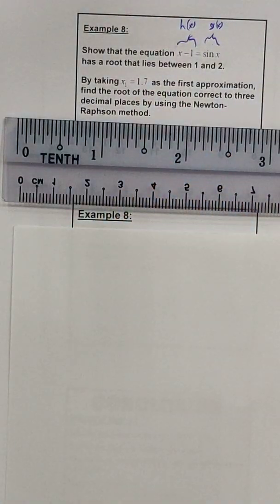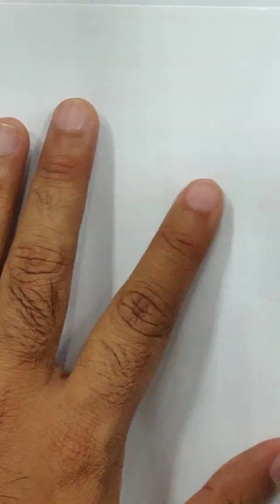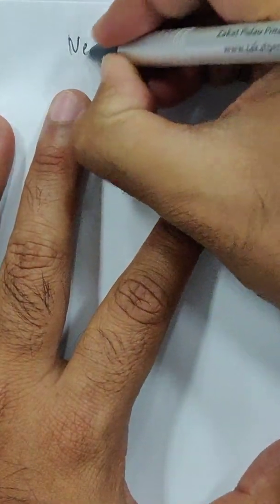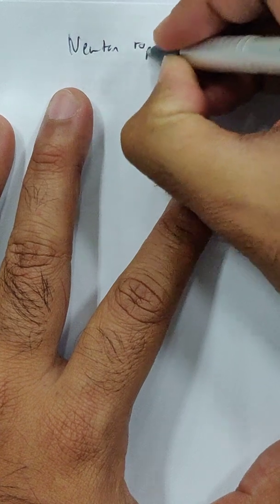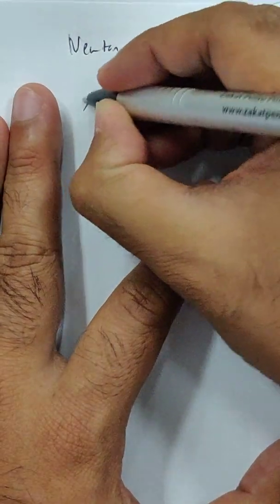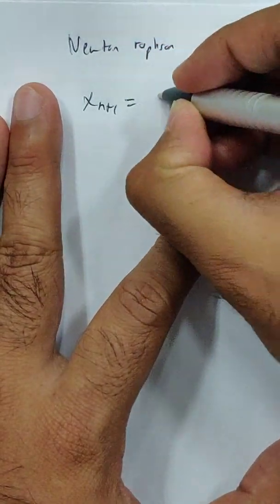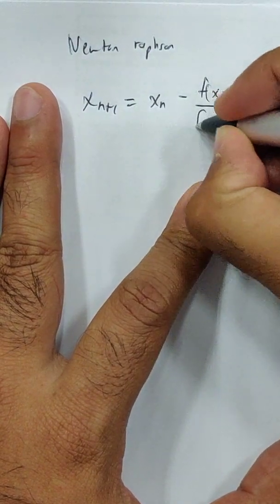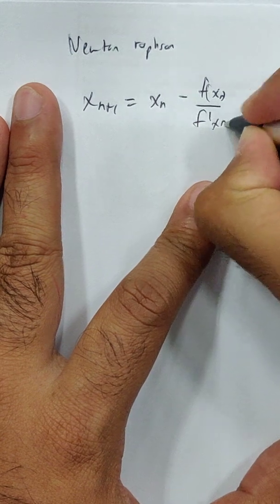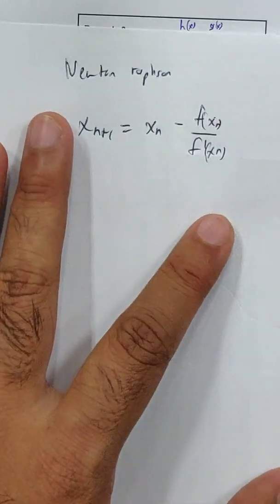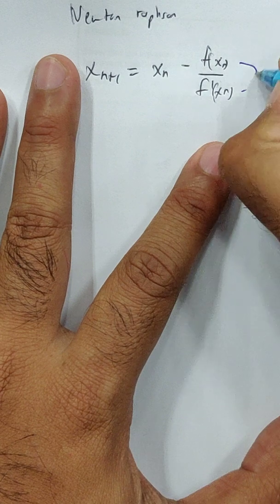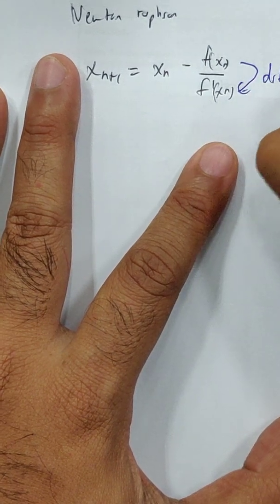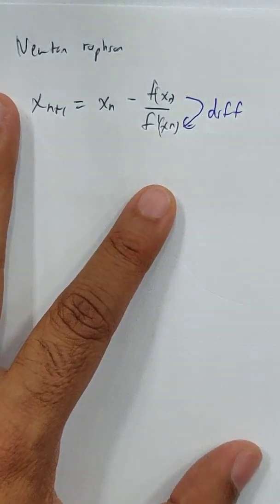Do you remember the formula? It's xn plus 1 equals xn minus fxn over f prime xn. What does f prime mean here? Differentiate. You guys okay?